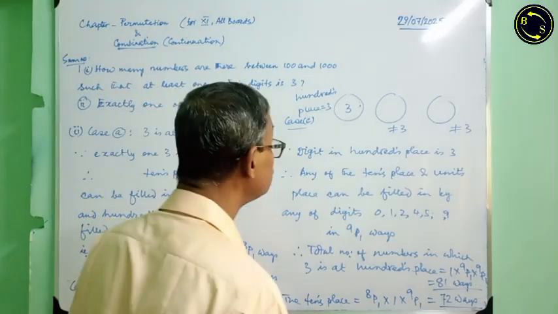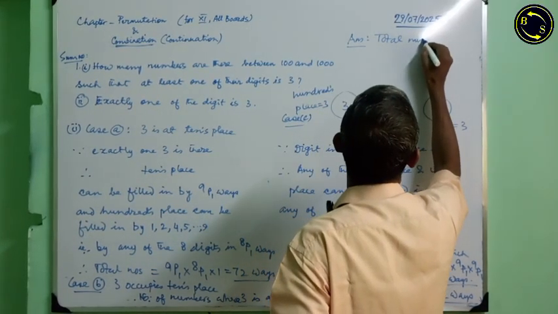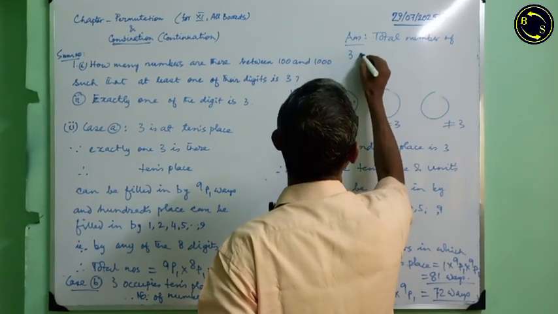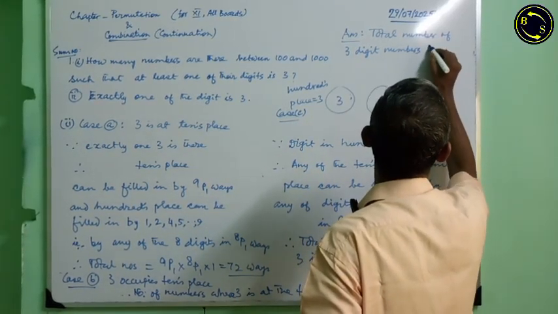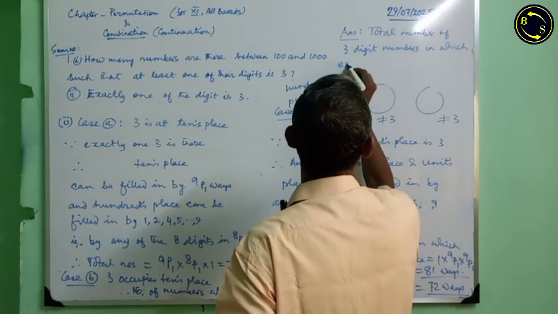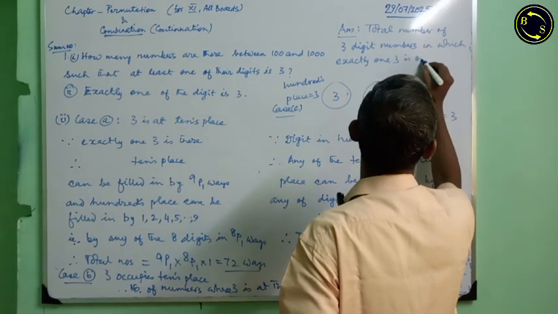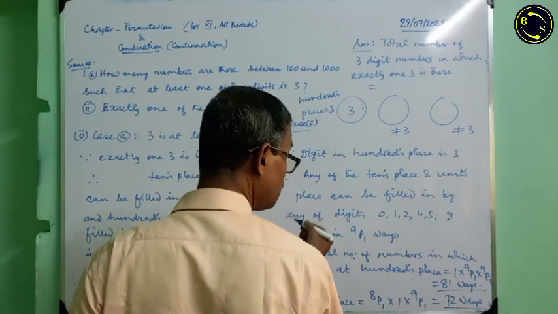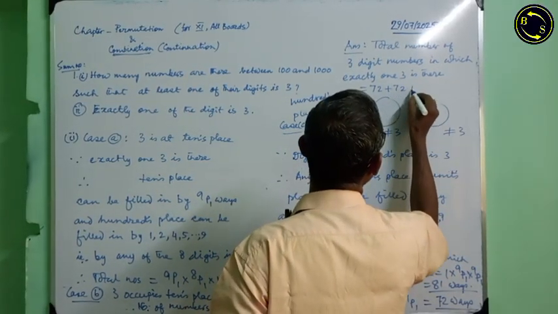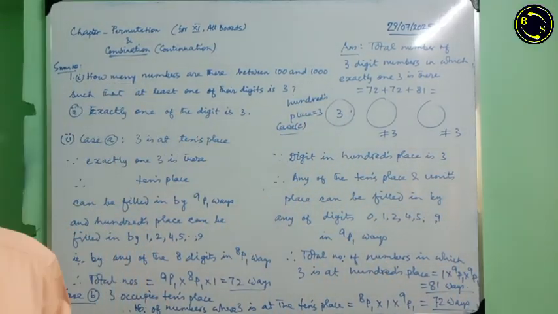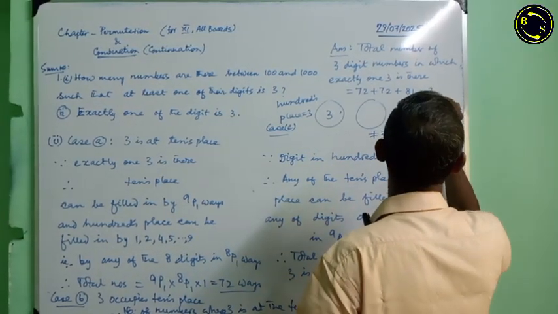Therefore, finally, I will consider the answer. The total number of 3-digit numbers in which exactly one 3 is there is equal to 72 plus 72 plus 81, and the result will be 225.